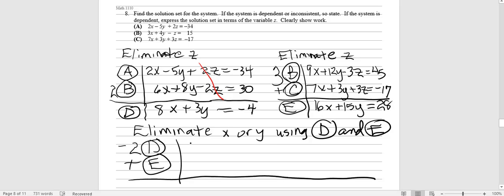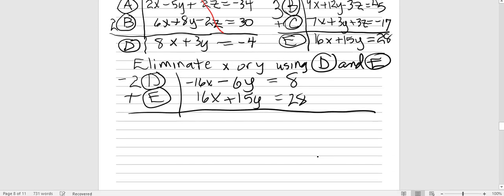So negative 2D gives me negative 16x minus 6y equals 8. E is 16x plus 15y equals 28.